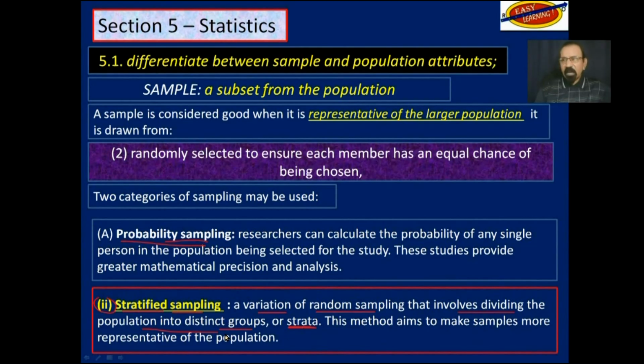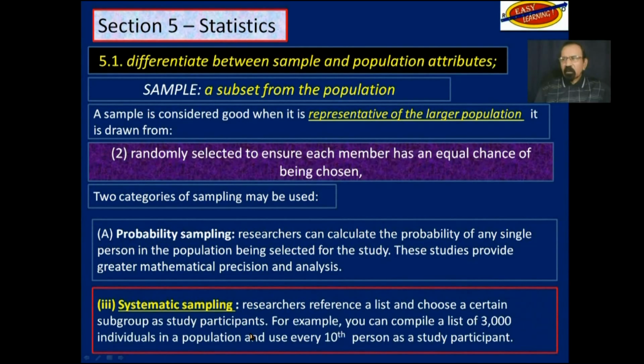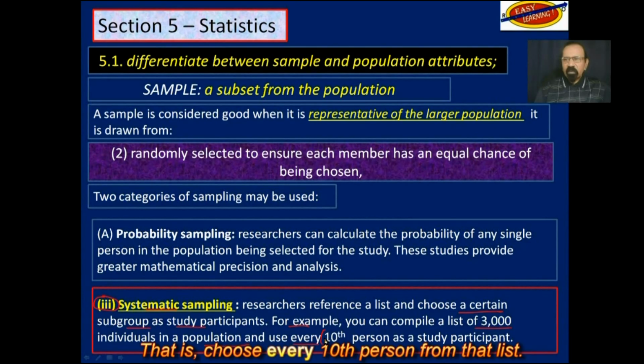So it's stratified sampling. Thirdly, you can use systematic sampling, where researchers reference a list and choose a certain subgroup as study participants. For example, you can compile a list of 3,000 individuals in a population and then choose the 10th person on that list.